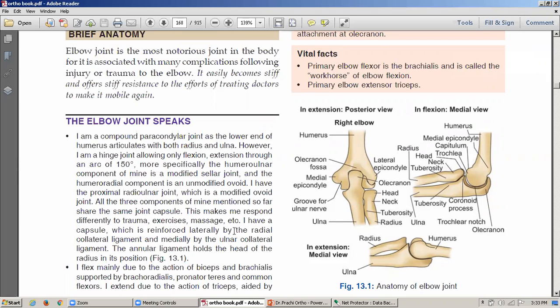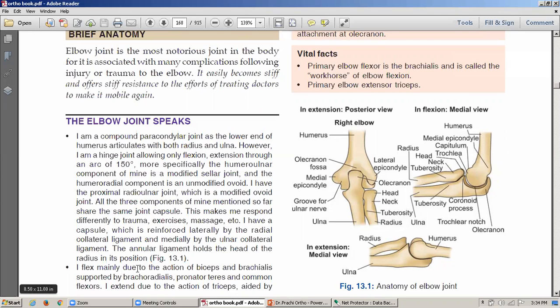The capsule is reinforced laterally by the radial collateral ligament and medially by the ulnar collateral ligament. The annular ligament plays an important role in holding the head of the radius in position.